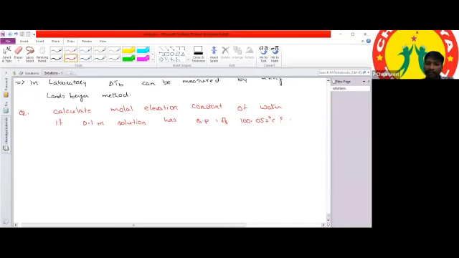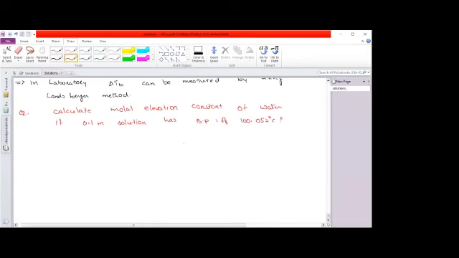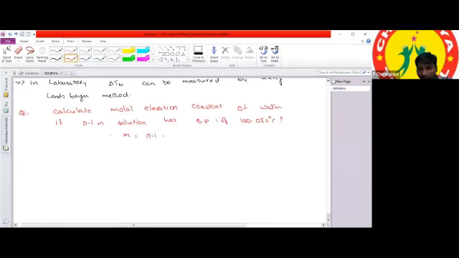Aditi, which values have they given in the question? What do we have to calculate? Ritu? They have given the boiling point and the molality. We have to calculate ΔTb. Molality they have given as 0.1.